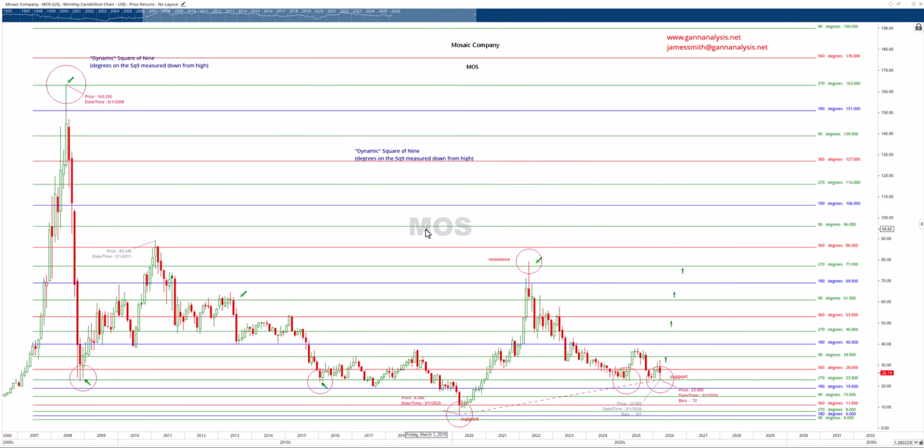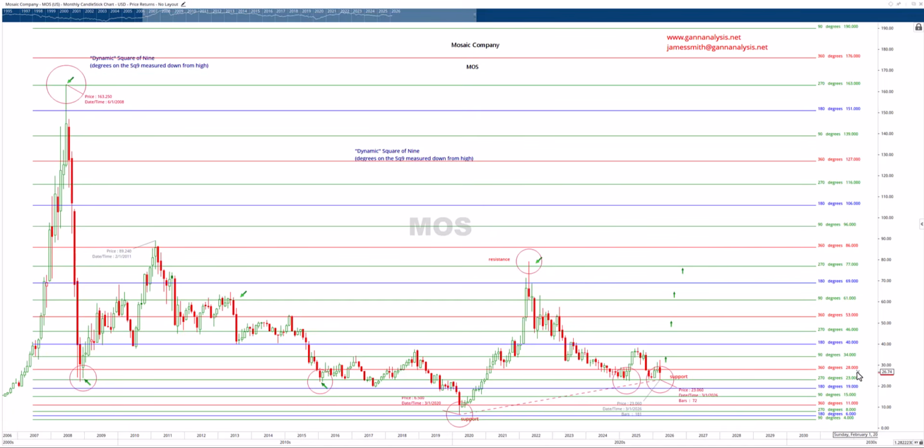But Mosaic is an interesting stock because we have time and price coming together. 72 months from low, just over 180 months from high, and you're bouncing off a square 9 support, double bottom. What more do you want? This is kind of a big deal.